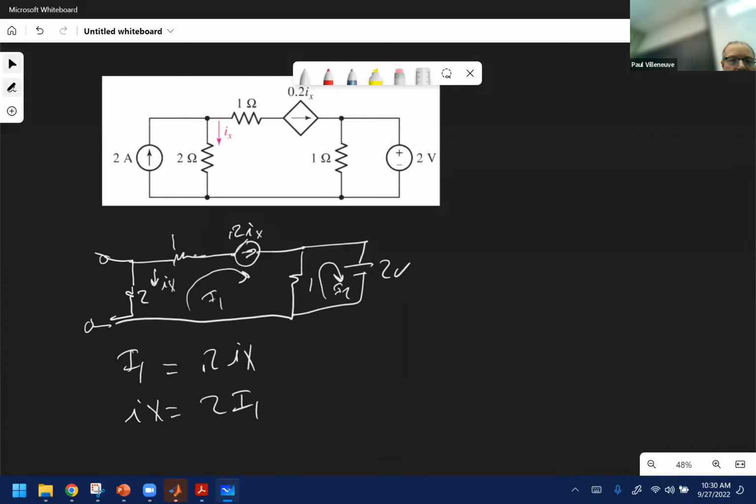Oh no, IX is going to be equal to... I don't think this is going to work though, because this is a current source that's driven by here. So if I do this loop equation, I have I1 is equal to 0.2 IX. So IX can't be equal to negative I1. That's just impossible, isn't it?